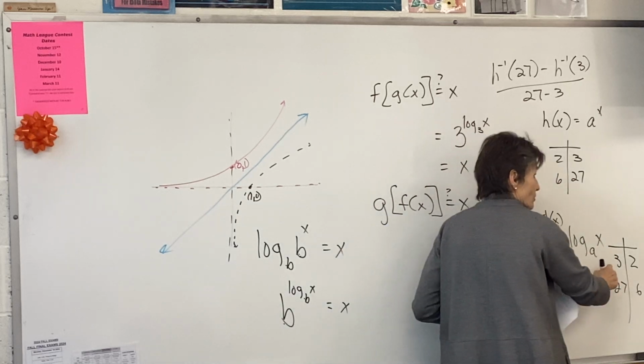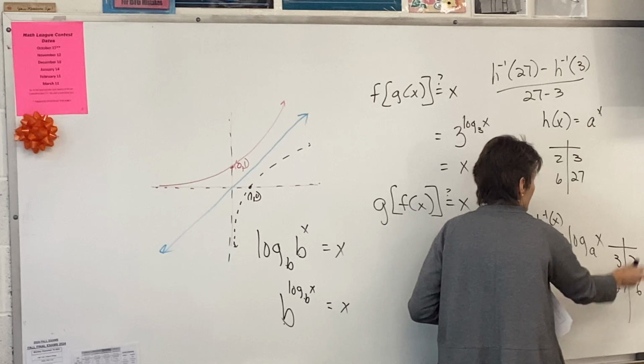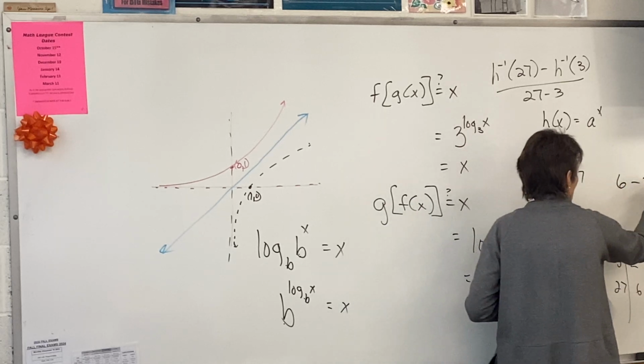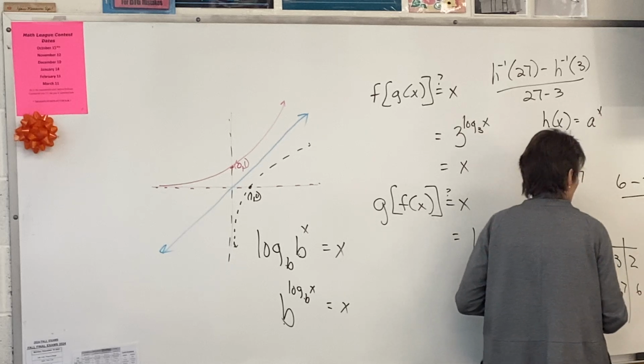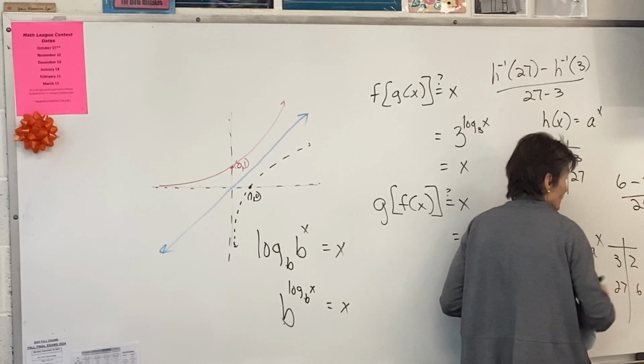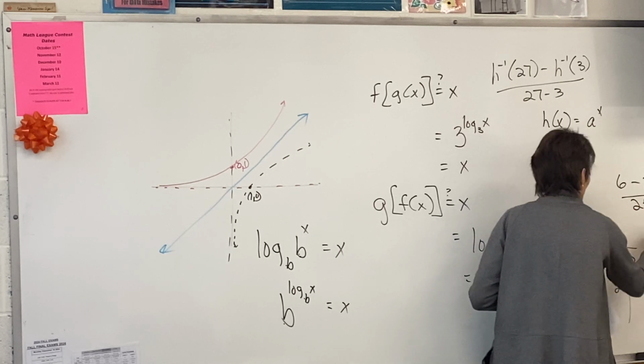This is h inverse right here, so what's h inverse of 27? 6. h inverse of 3 is 2, divided by 24. So your average rate of change is 1/6.